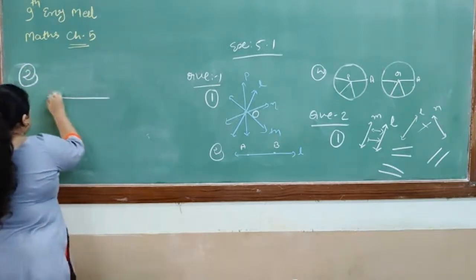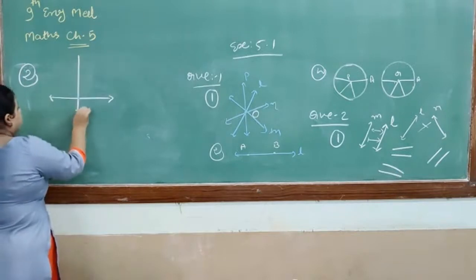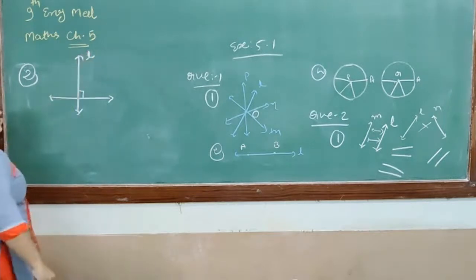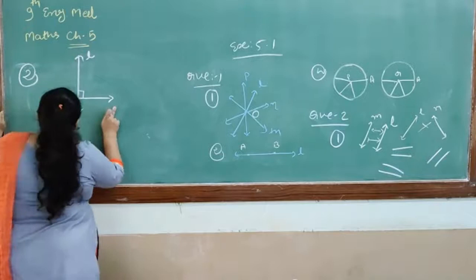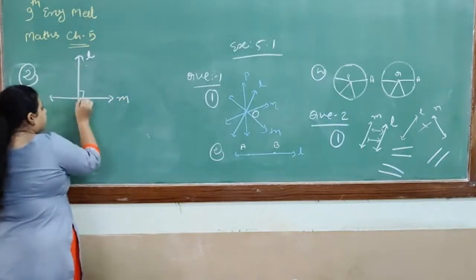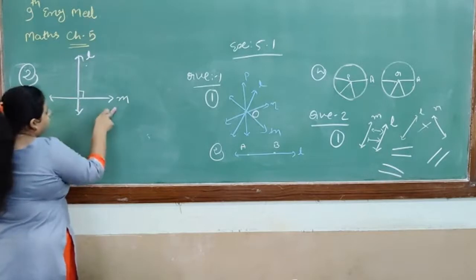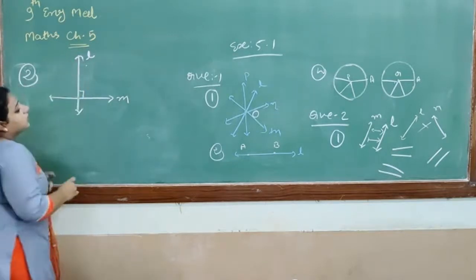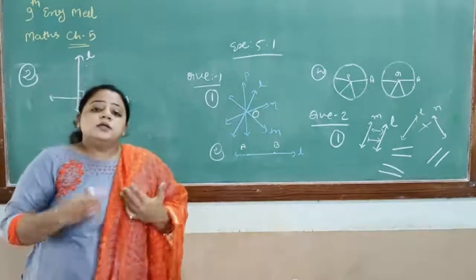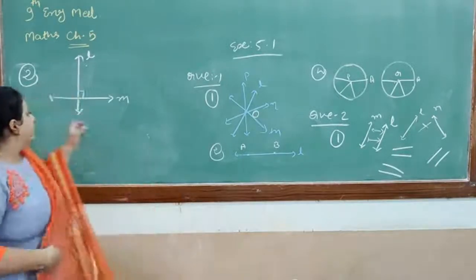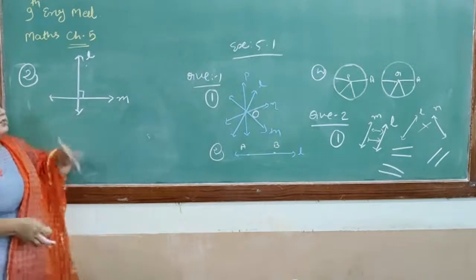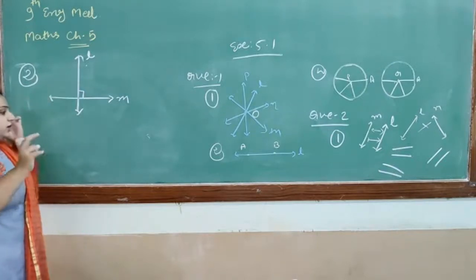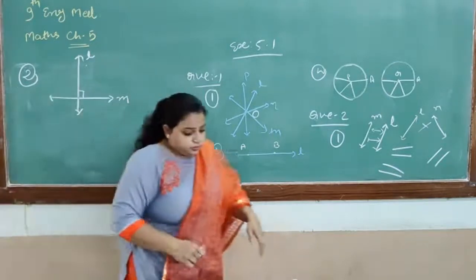A line formed at a right angle on another line, and N formed at a right angle on L, is known as perpendicular; they are perpendicular to each other, or L is perpendicular to N. So in short, the angle must be a right angle. Then only can we say that they are perpendicular.